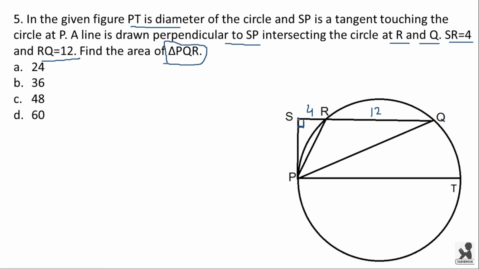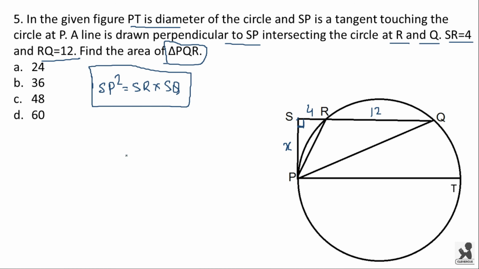Now let us see. We have got a secant SRQ over here and a tangent SP over here. So our formula SP square is equal to SR into SQ comes into play over here. So let the length of SP be x. We have got x square is equal to SR, which is 4, into SQ, which is 4 plus 12, that is 16.